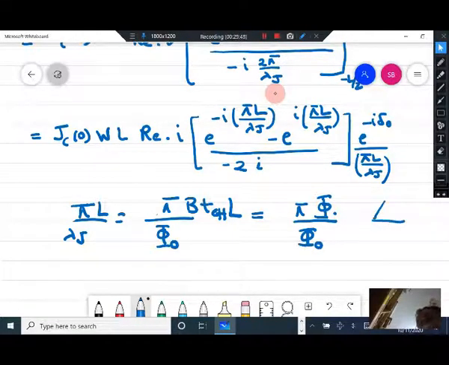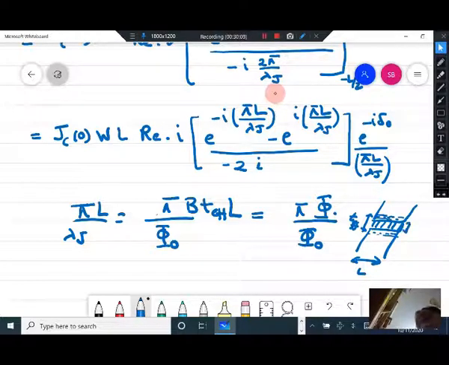So this is your junction. This is the length L of the junction, and T effective is where currents are circulating up to a distance lambda and magnetic field is penetrating up to.